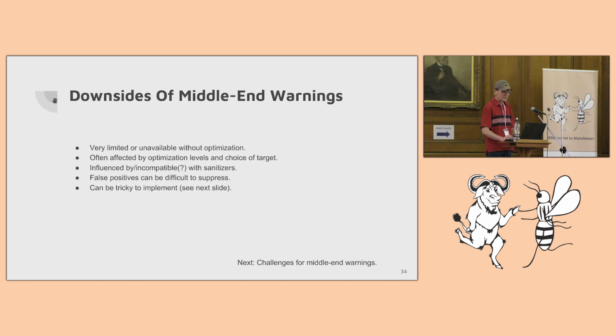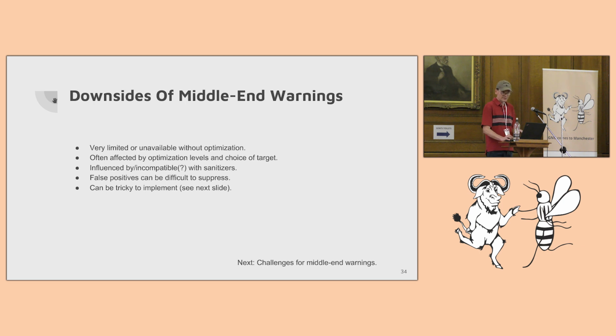Unfortunately, the instrumentation inserted by sanitizers does tend to trigger false positives or even false negatives in some cases. The false positives in the middle-end warnings tend to be more difficult to suppress than in the front end. So that's certainly something to consider. The current mechanism, Pragma GCC diagnostic, doesn't work very reliably for middle-end warnings.